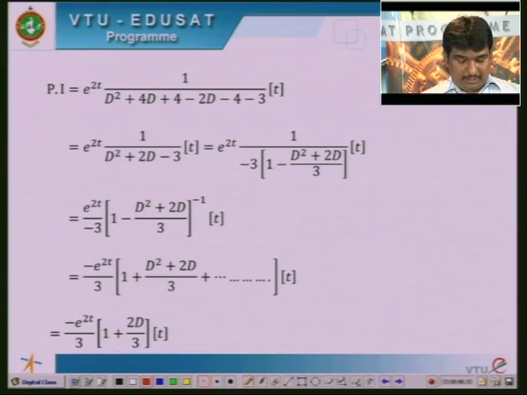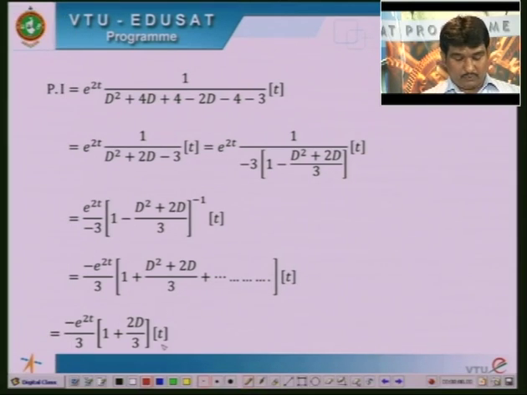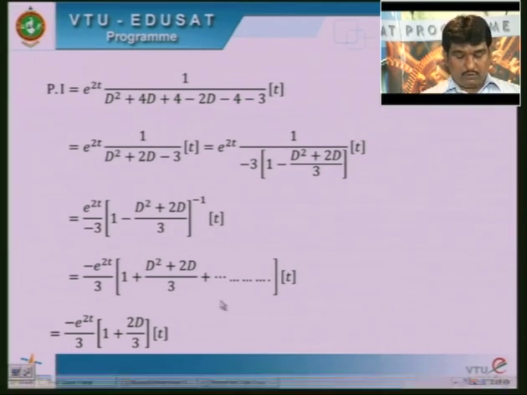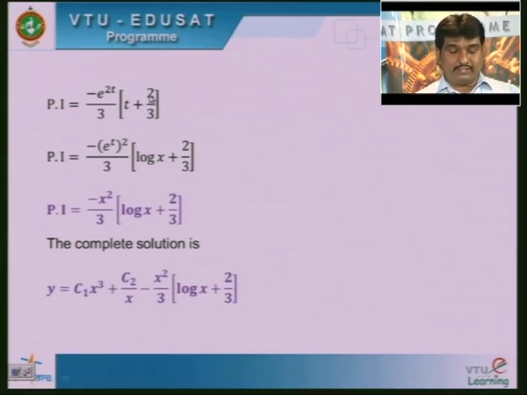Now you multiply, of course in the second case you operate it. Minus e to the power of 2t by 3, when you multiply it is t plus 2 times derivative of t, which is 1, so only 2 by 3 remains. Next you convert it in terms of t. You can write e to the power of 2t as e to the power of t the whole square.